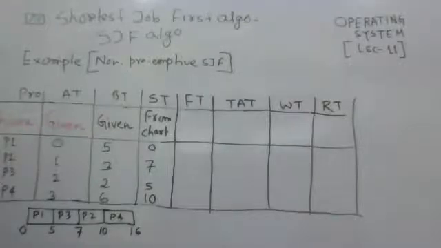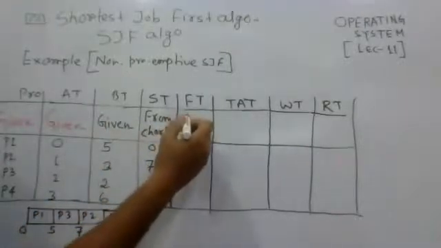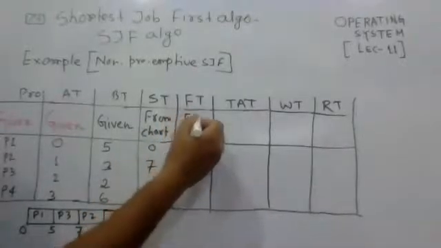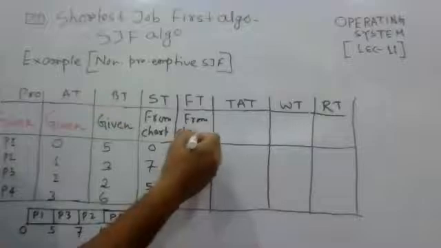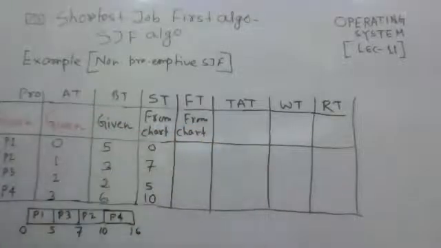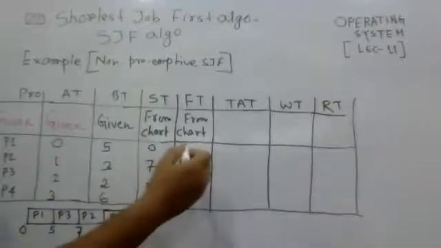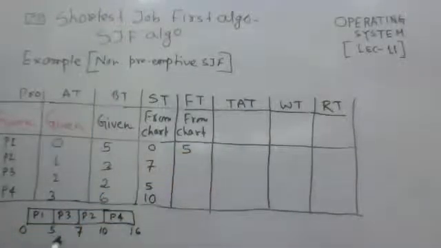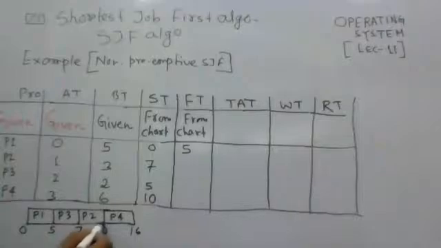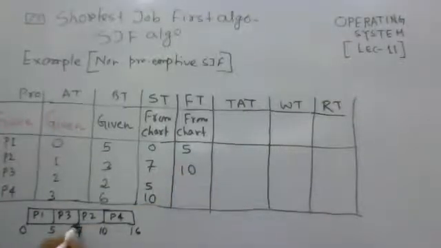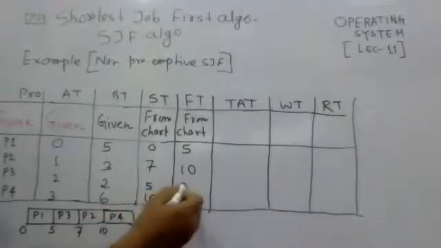Now the finished time. Also, we can calculate it directly from this chart. The finished time of P1 is 5. Finished time for P2 is 10. Finish time for P3 is 7.